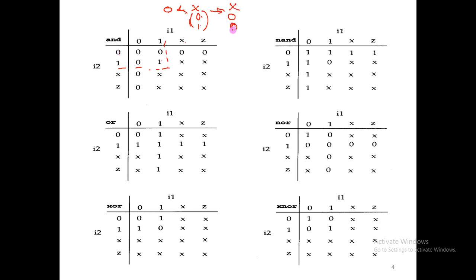Sorry, this is also 0. So irrespective of whatever unknown I'm having, if it is 0 ANDed with anything, it is 0 itself. Hence you get 0 here. The same analogy can be applied for Z. Okay, so here 0 is dominating in the AND gate.